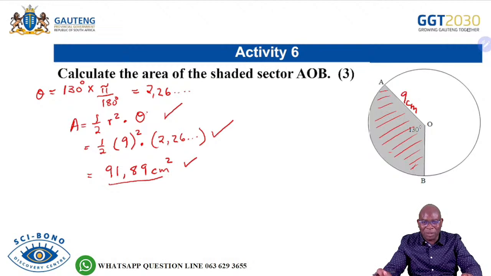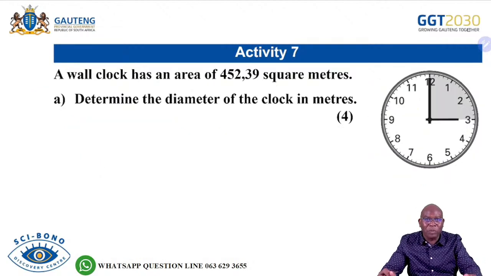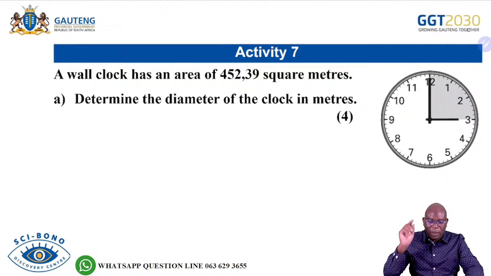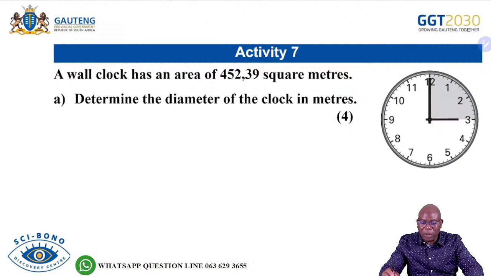Here we're talking meters, so you can see the conversions are very important. You must know your meters. Sometimes they might give it as meters and ask you to calculate the area in centimeters, so you must know how to change those meters to centimeters, or they must change it from centimeters to meters. Determine the diameter of the clock in meters.